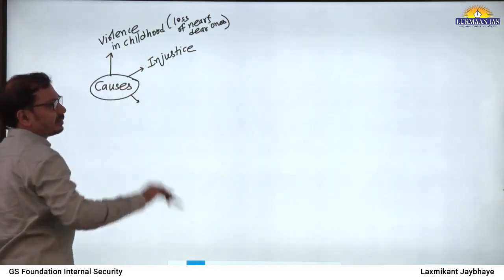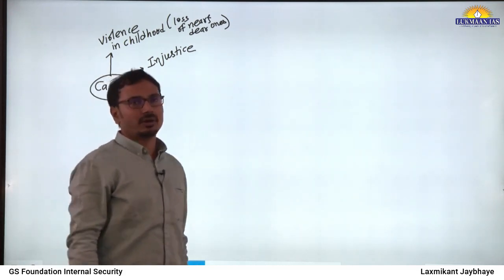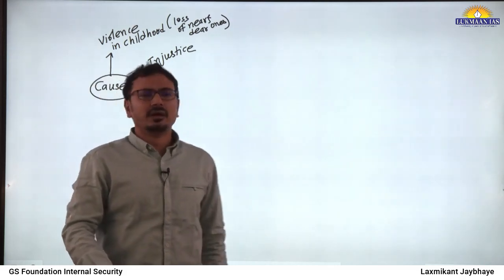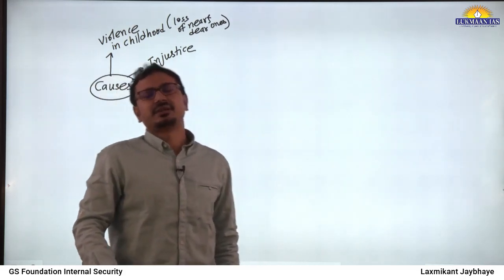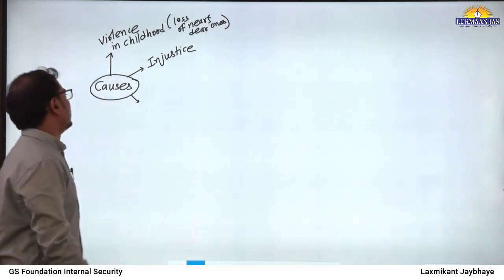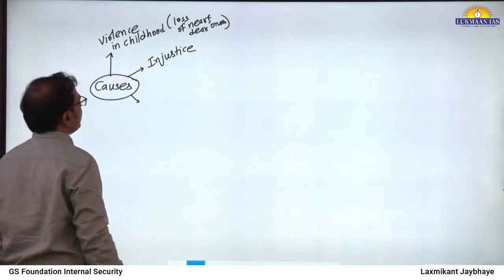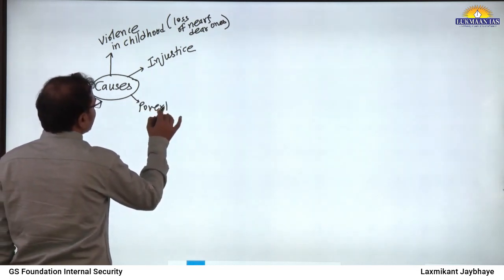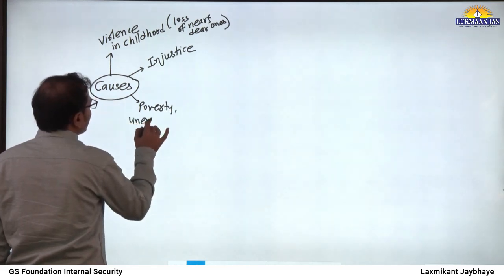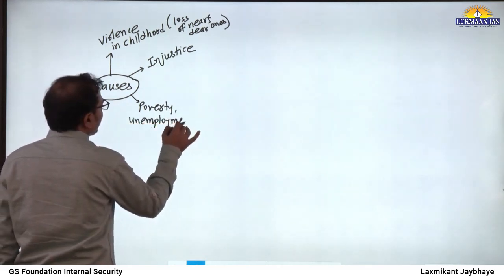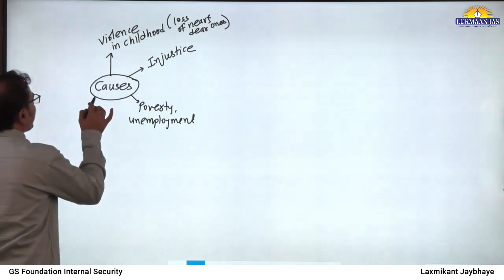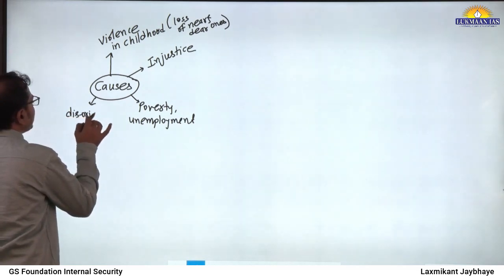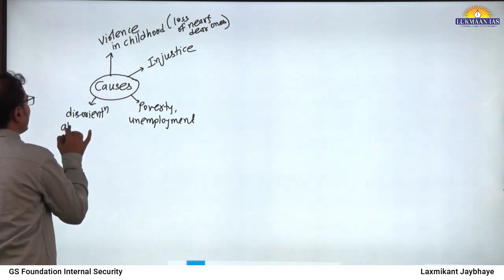Injustice can be of any type. It can be economic or social injustice in terms of community, discrimination, religious discrimination is happening, and because of that the feeling of injustice can be there. Then poverty, unemployment. Disorientation among youth.